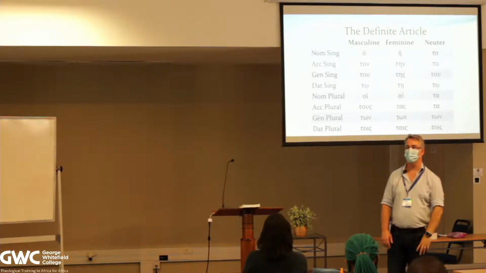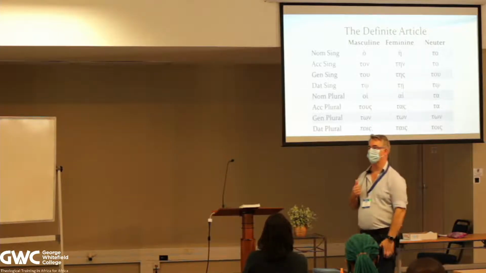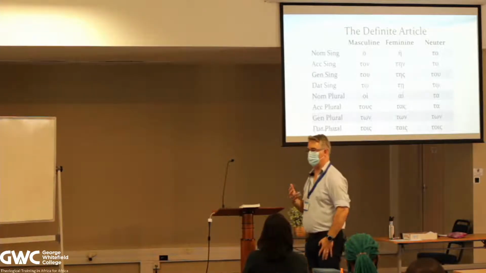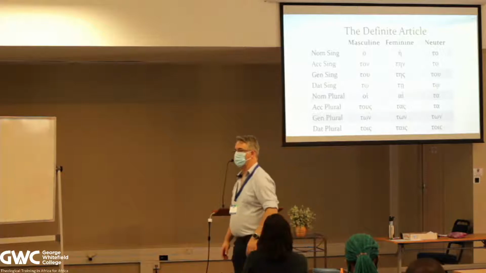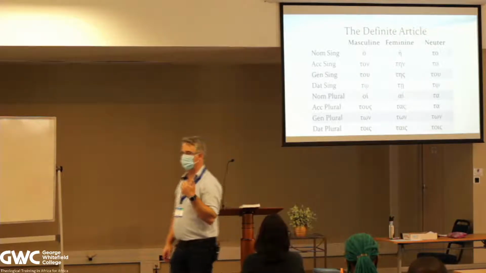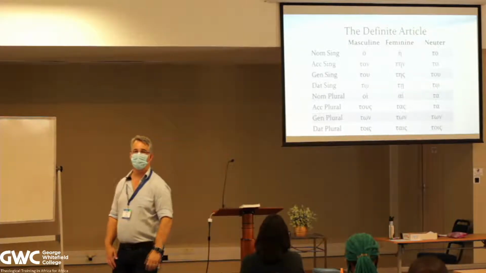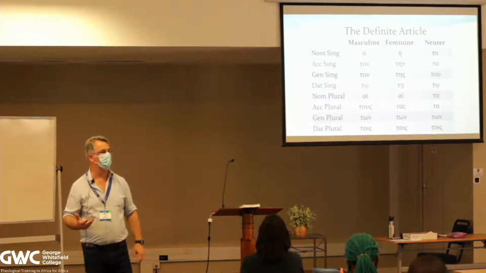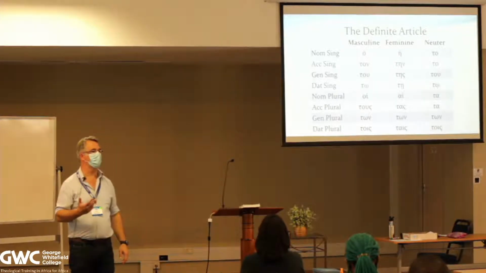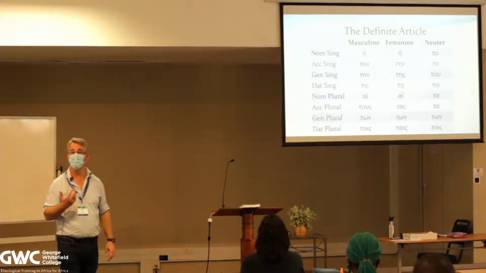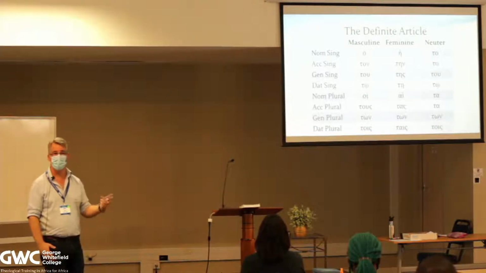You've figured them all out if you know your article paradigm. But not only that, like we were talking about yesterday, if you know your article and it agrees with its noun in case, number, and gender, then you don't even need to figure out some weird noun you've never met before. You know what case, number, and gender it is because you know the article.